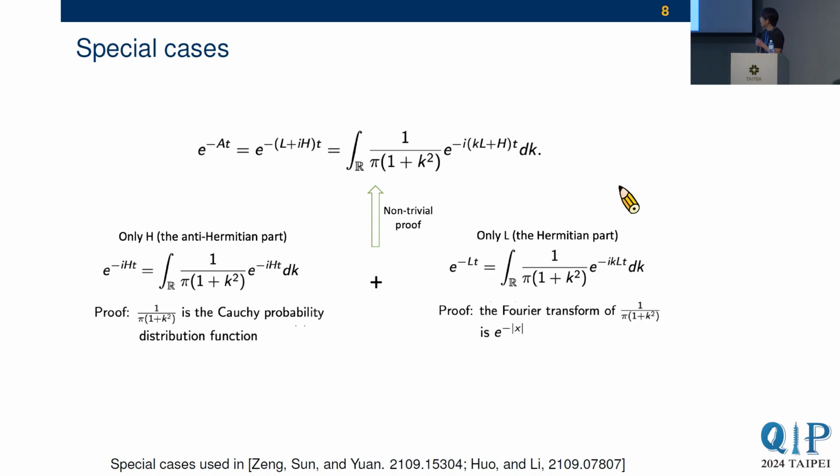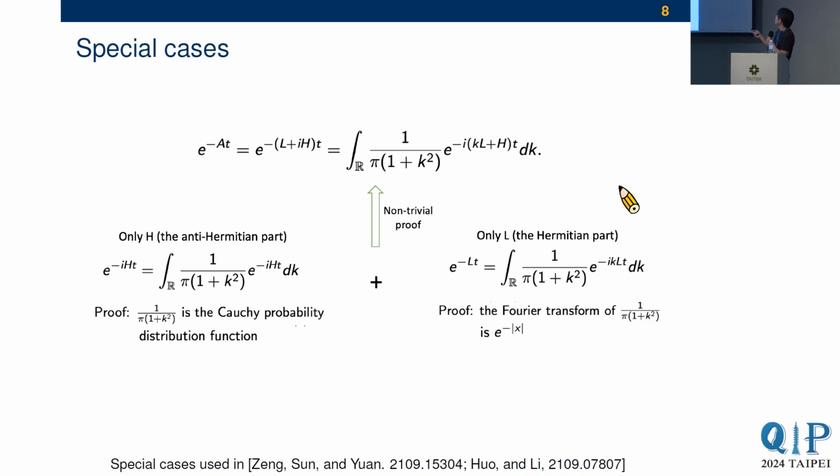Let's try to understand where this comes from in some special cases. Special case 1 is when A only involves H, which means there's only an anti-Hermitian part. Then you plug this in, you realize that it doesn't even depend on k, so you just pull it out. I'm saying nothing, but this is a probability density. Indeed, this is called the Cauchy probability density, which is completely trivial.